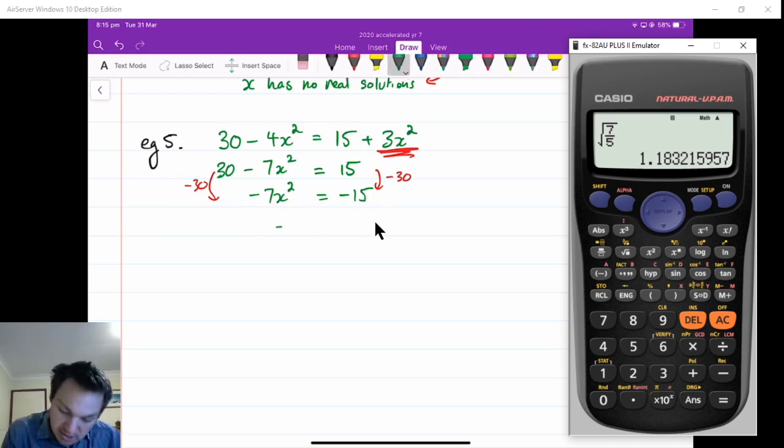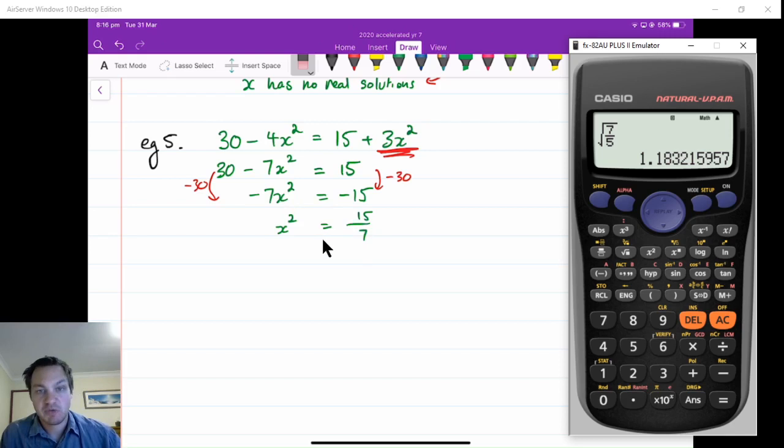So x squared is equal to negative 15 divided by negative 7. Okay, but remember, a negative number divided by a negative number is a positive. So I'll rub out those two negatives. Okay, so that's what we've got here, 15 over 7. So therefore, x is plus or minus the square root of 15 over 7.